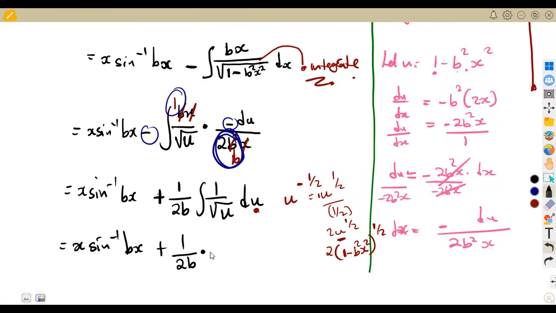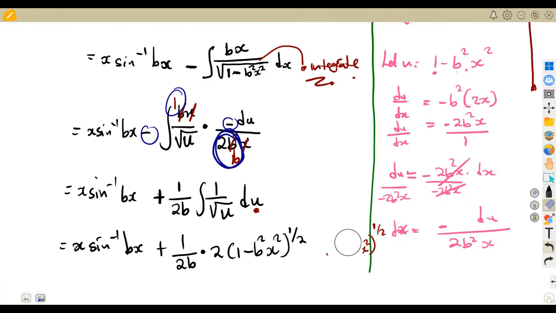We say this is the same as u to the exponent of minus half; we integrate and we get this answer. So this is going to be 2 into 1 minus b squared x squared to the exponent of a half. This is what we obtain from integrating 1 over the square root of u.